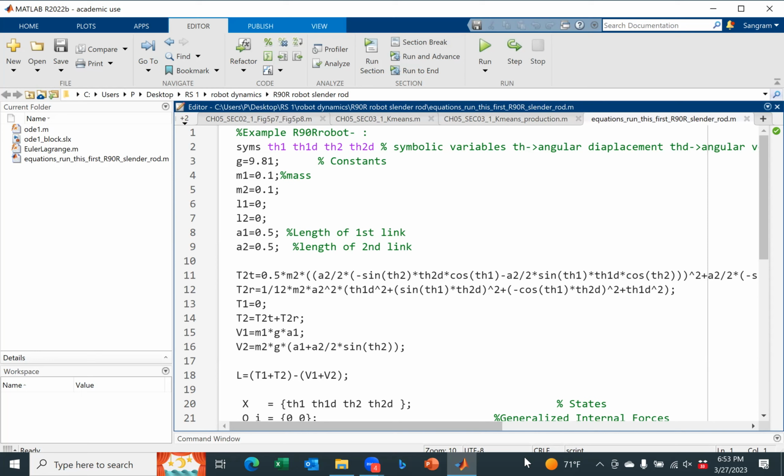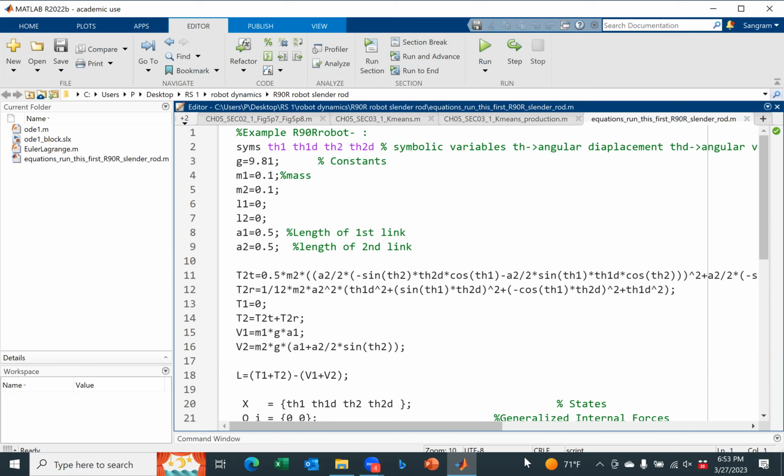This entire link is fixed. This link is not rotating about this. You agree with me? This link is not rotating about this. This link is only rotating about this. You agree with me? So this link is only rotating about this. Do you agree with me?